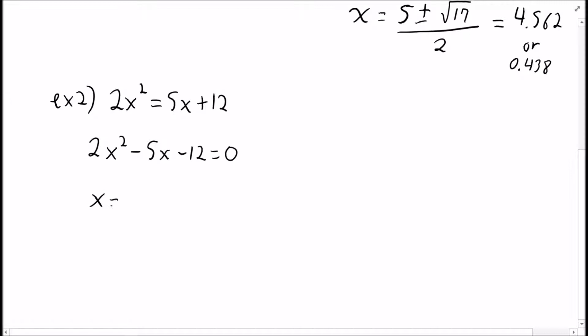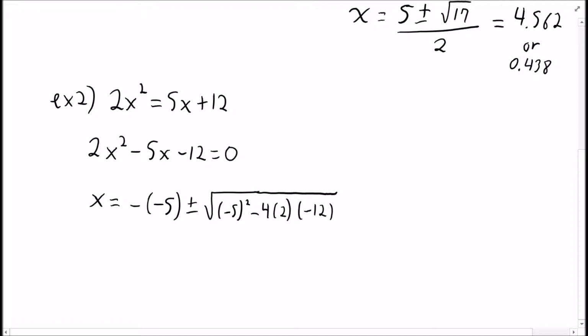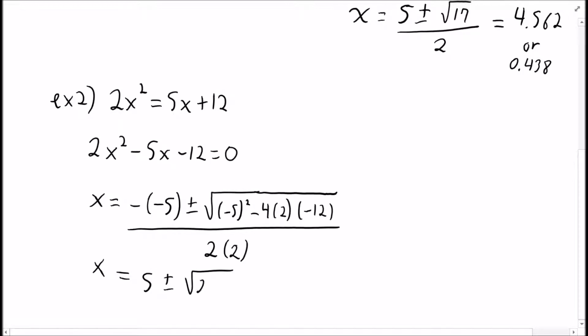Subbing into the quadratic formula, I get negative b, and in this case that's negative 5, plus or minus the square root of b squared minus 4 times a times c, all divided by 2 times 2 this time. So x equals 5 plus or minus the square root of 25.